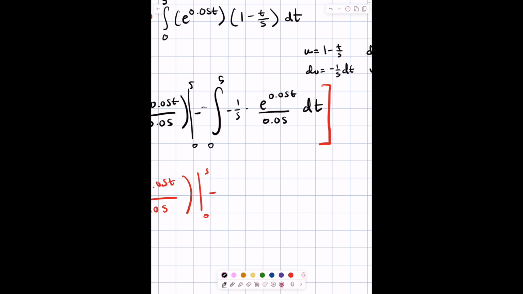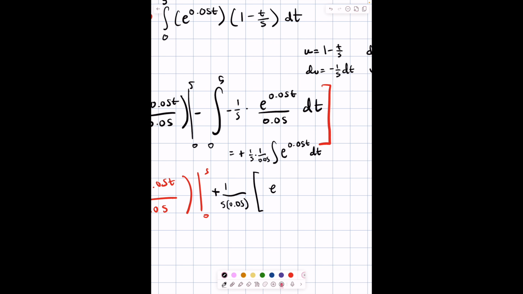So I have one negative here, one negative here, so this becomes a plus 1/5 times 1 over 0.05, integral of e to the 0.05t dt.